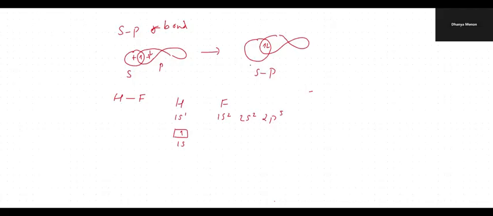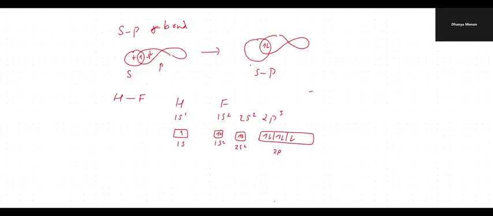For fluorine, this is 1s2, this is 2s2, and this is the 2p orbital: 1, 2, 3, 4, 5.